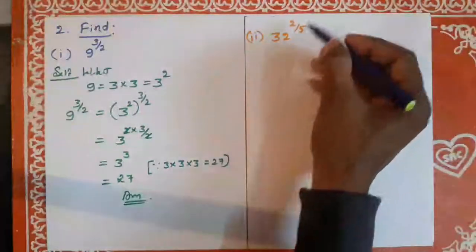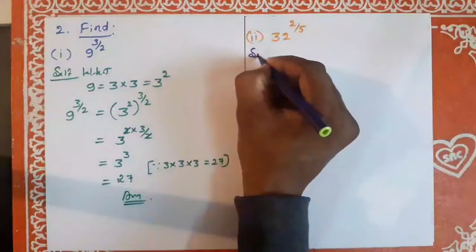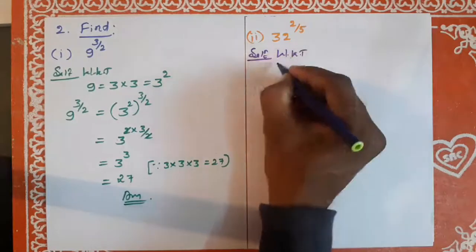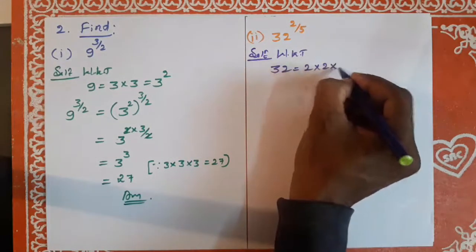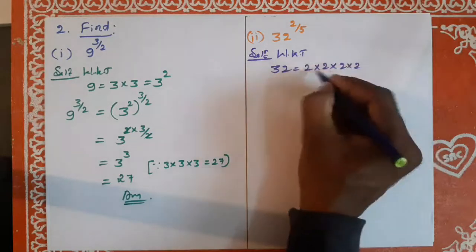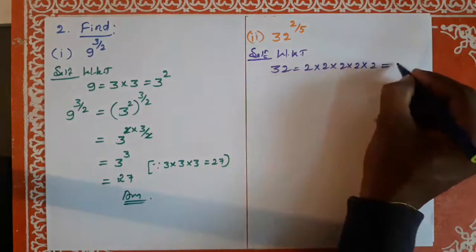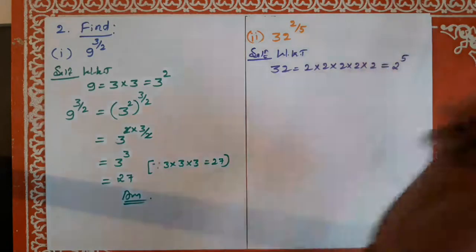Dear students, second question we have 32 to the power of 2 divided by 5. Solution. We know that 32 can be written as 2 into 2 into 2 into 2 into 2. 2 twos are 4, 4 twos are 8, 8 twos are 16, 16 twos are 32, which in exponential form is 2 to the power of 5.